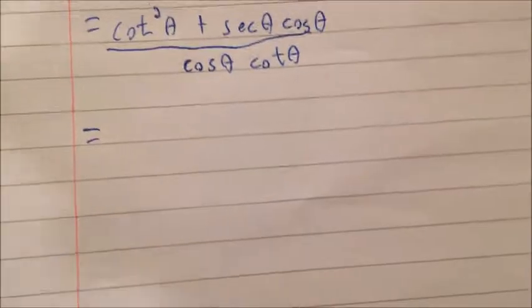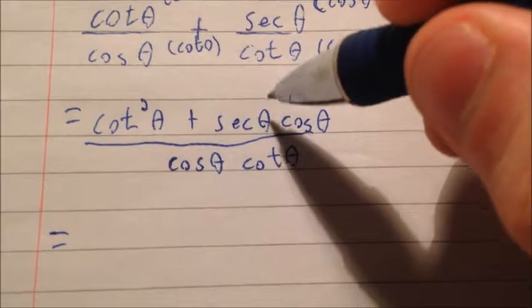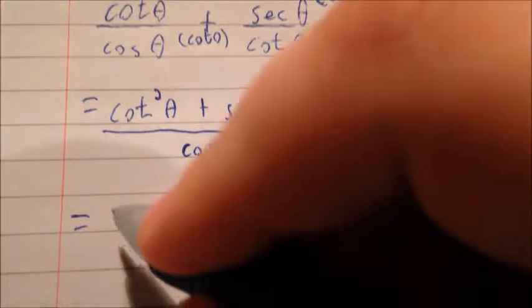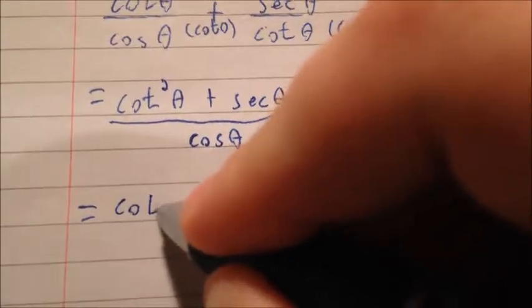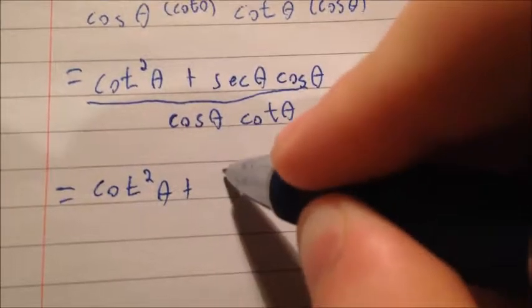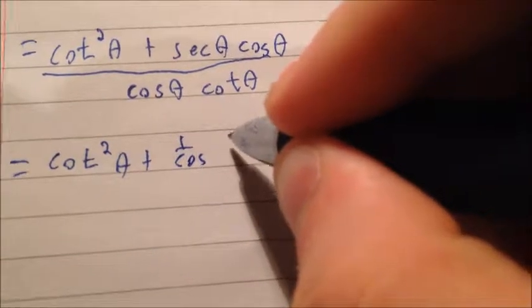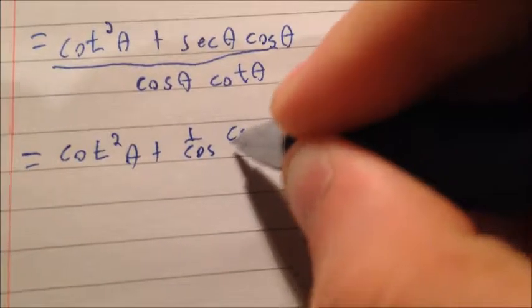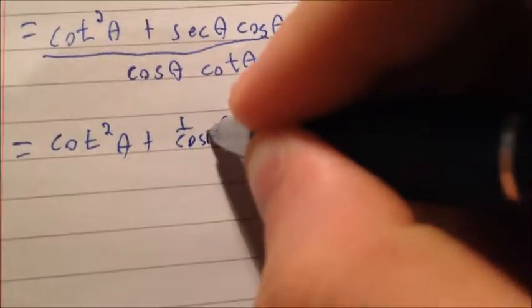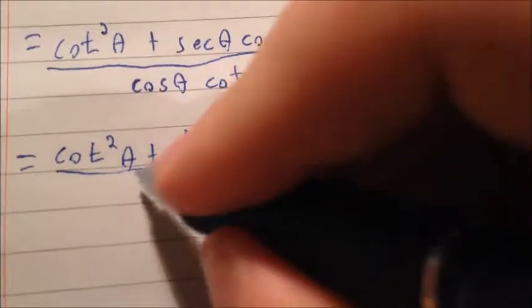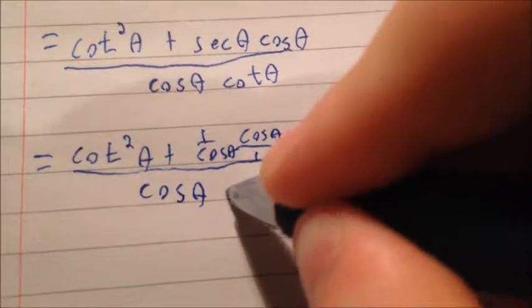So our next step is to turn this secant theta right here into a 1 over cos. And so beside it we still have our cos. So as an example, we'll just put it over 1, and it's still all over cosine theta cotangent theta.